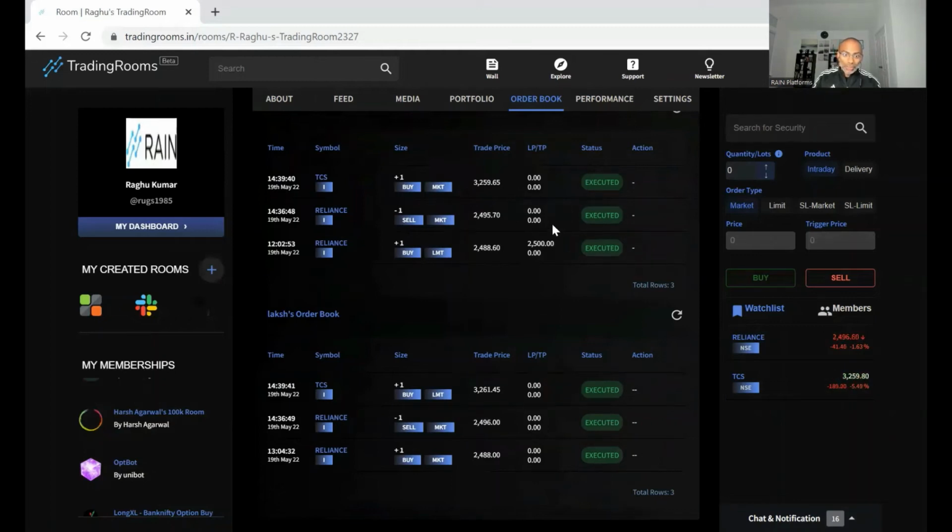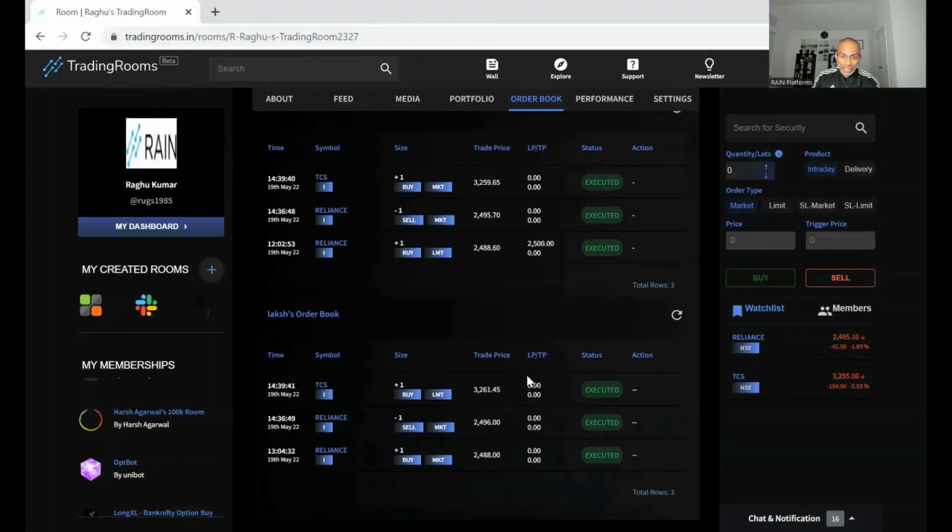You may be wondering some things right now. If you look at the price that my order went through at and the price that got traded on Lakshmish's account, why is there a discrepancy? The way TradingRooms works is that when we place the order at the room owner level, we retrieve the LTP, also known as the last traded price, from our data vendor, and that price is what gets reflected over here.